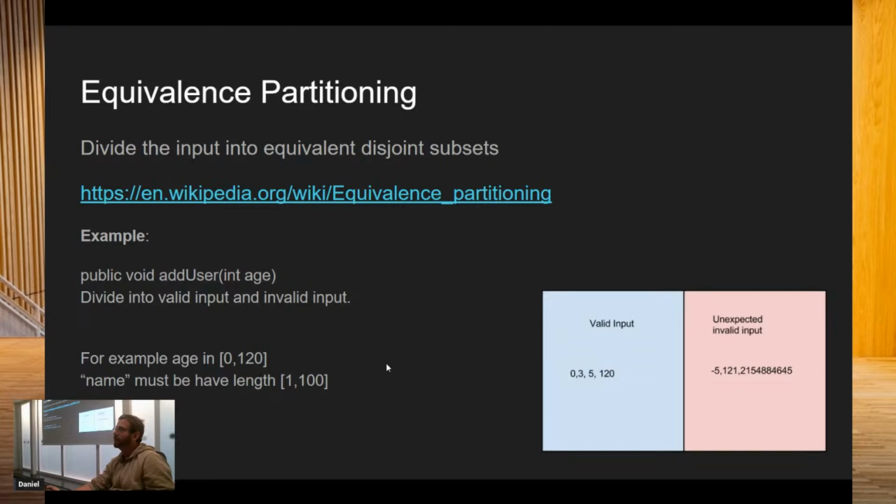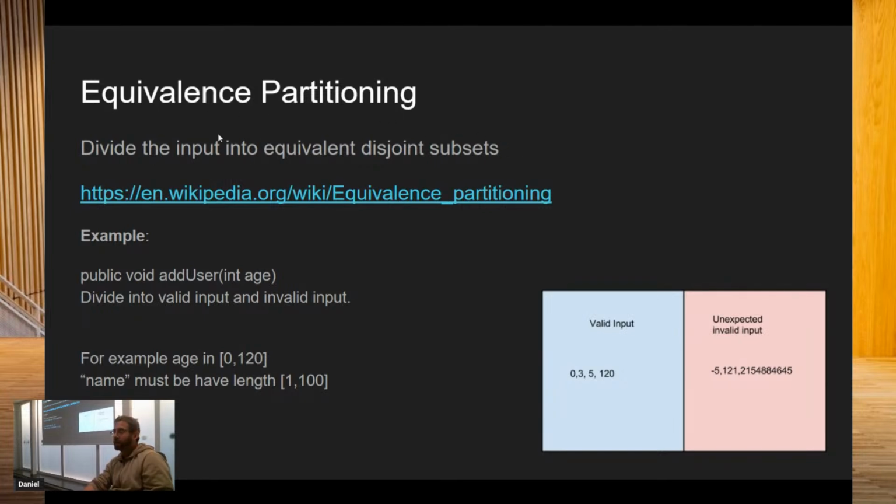This is a sentence that I don't know if too many of you understand. Okay, equivalent means the same. Disjoint means that nothing in one is also in any of the others of this subset.